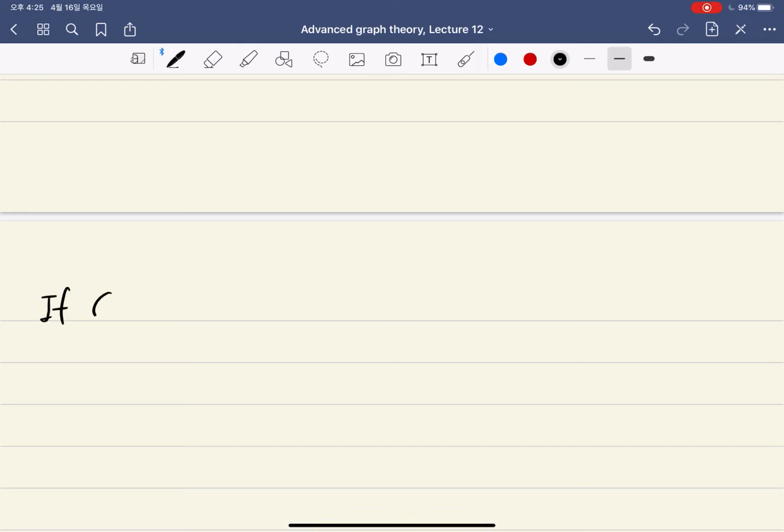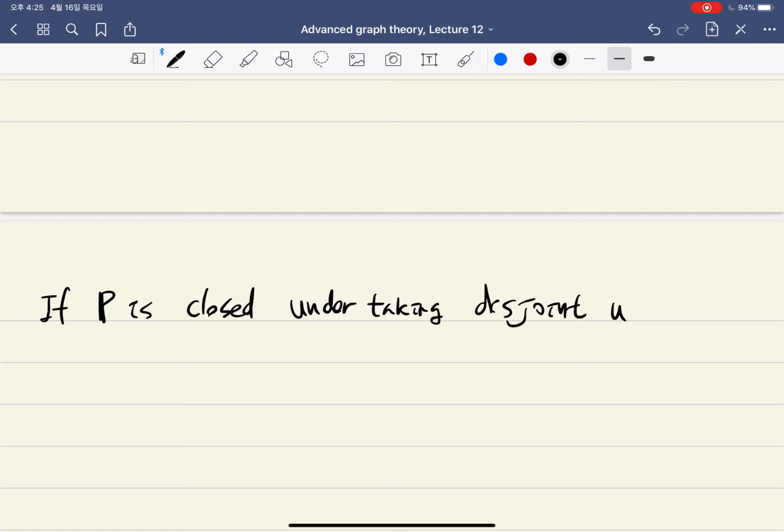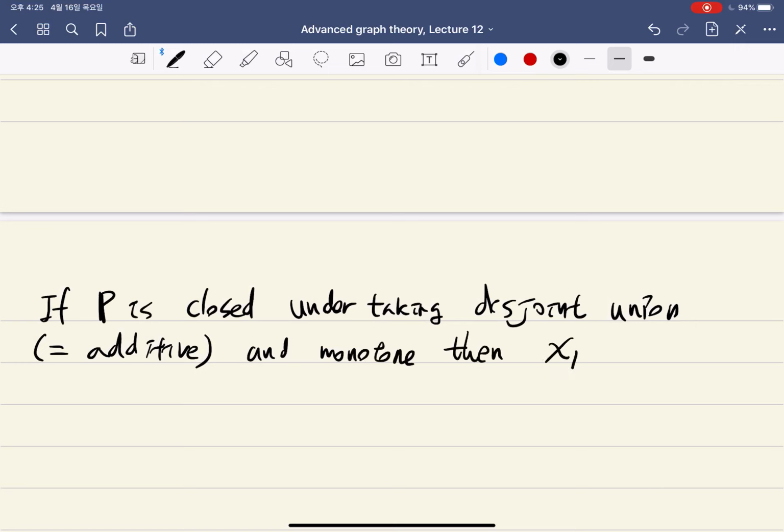And also, if this P is closed under taking disjoint unions, which we sometimes call an additive property, or an additive family of graphs, and in addition also monotone, then we can reduce the problem of finding the P chromatic number to connected components.